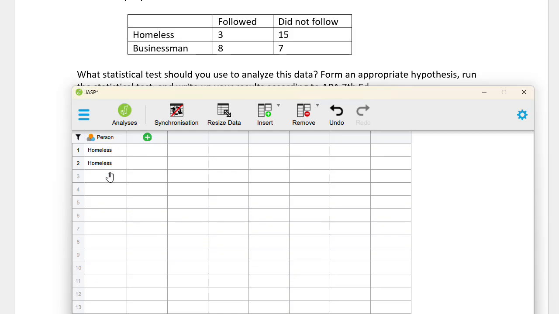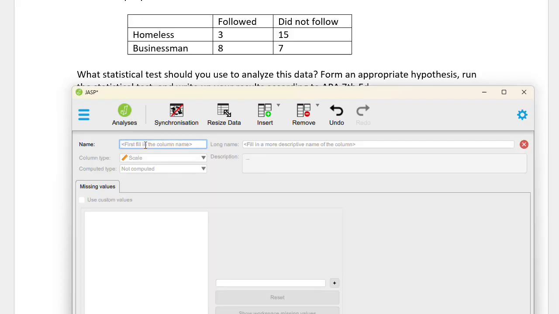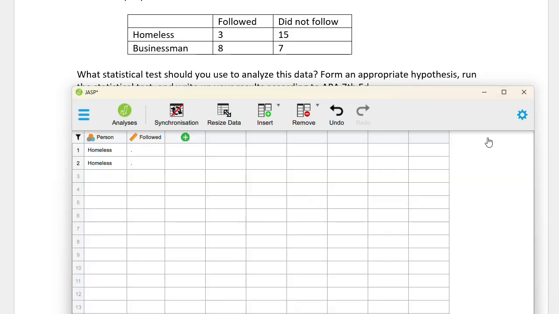And the reason we need 2 is that for followed, and so this is going to be our other one, so followed. We're going to have if someone followed them, so yes, someone did follow them, or no, how many did not follow.